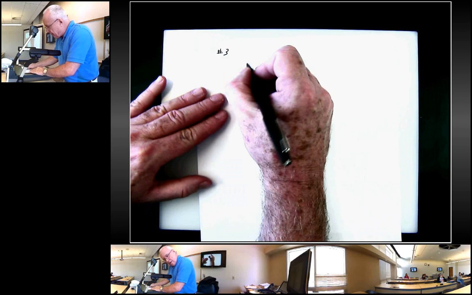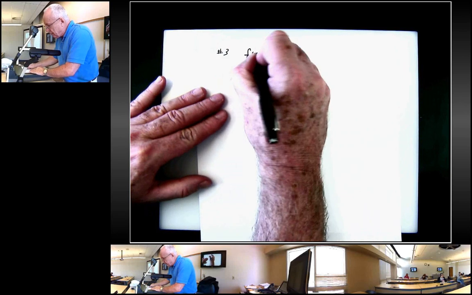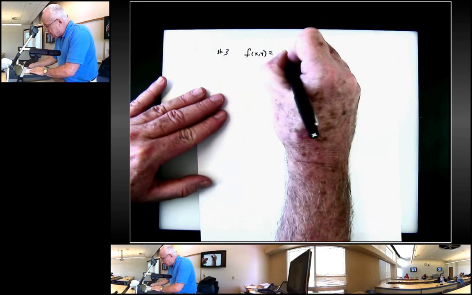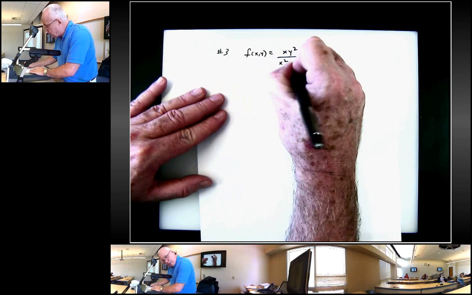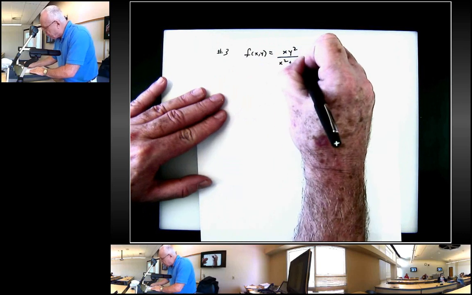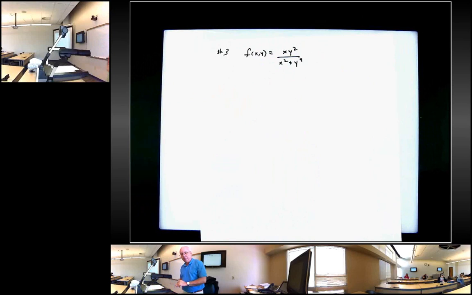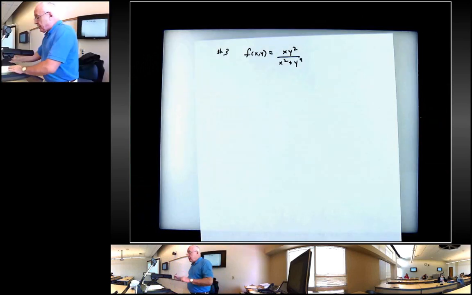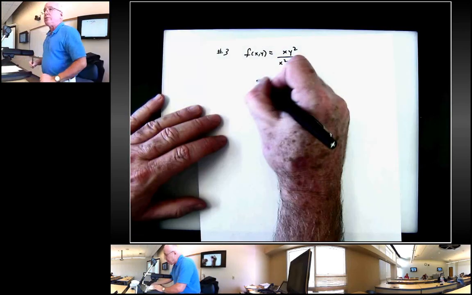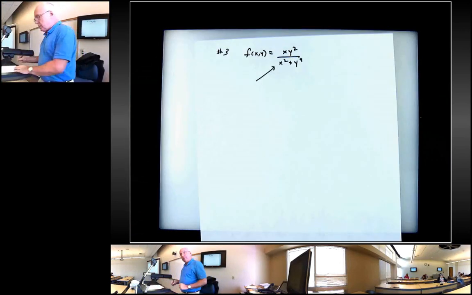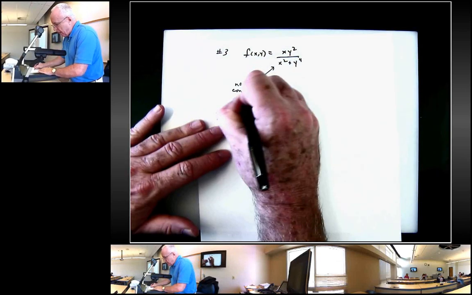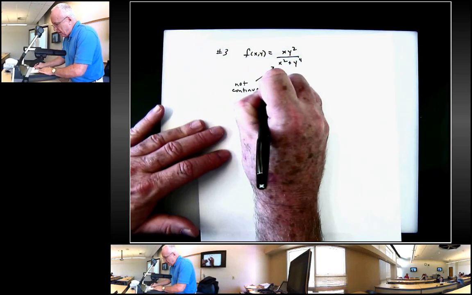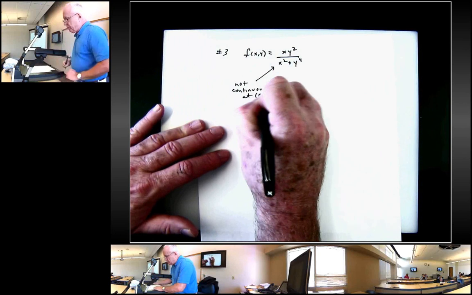Here, f(x, y) is equal to x y squared over x squared plus y to the 4th power. All right. Now again, this thing is not continuous at 0, 0 because we have a 0 denominator.